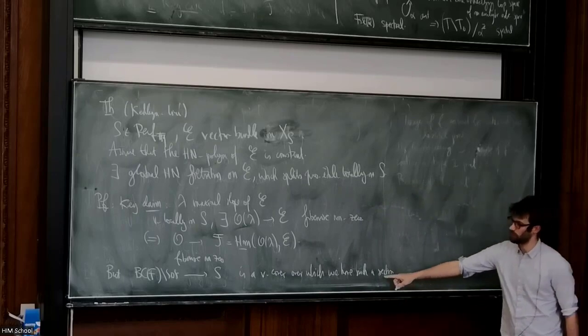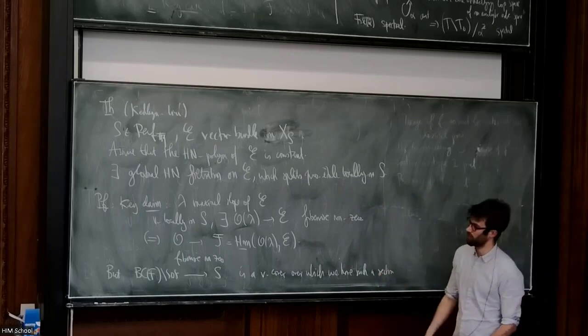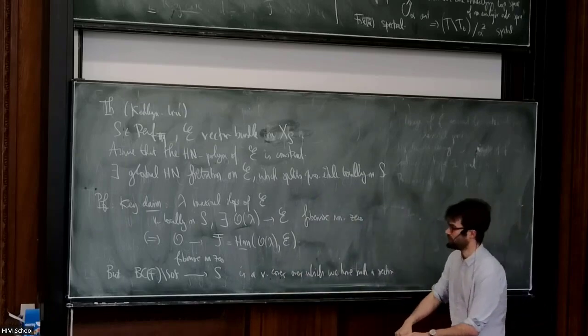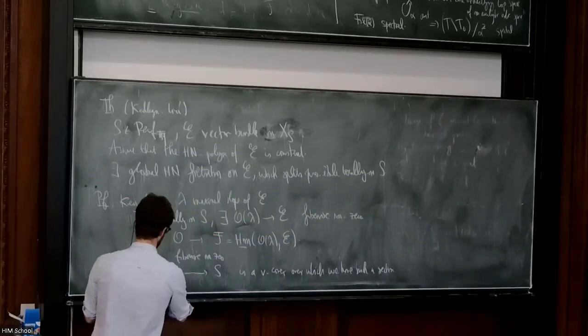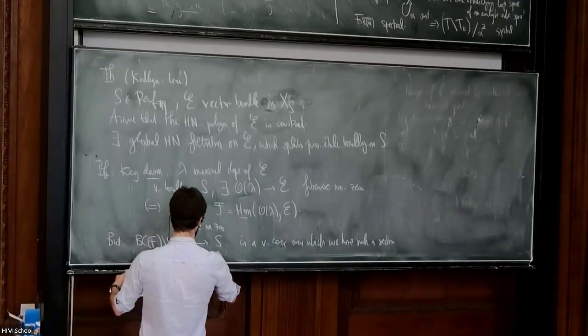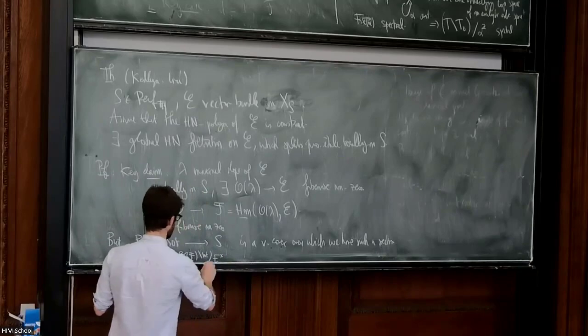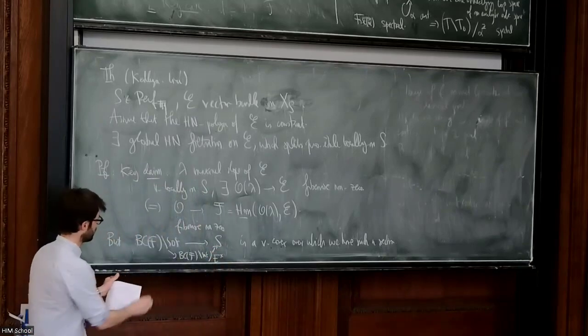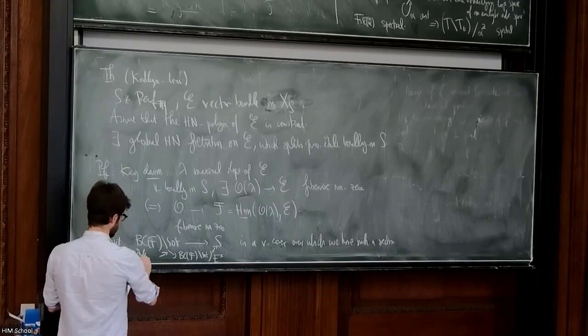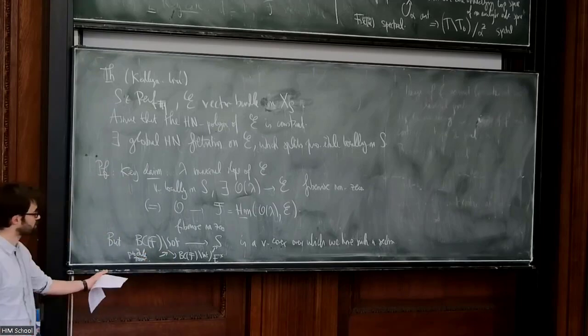I mean, this last part is more or less by definition of this BC space. What is not so clear a priori is that this is a v-cover. But the reason it's a v-cover is that I can factor it as BC(F) minus 0 modulo E cross mapping to S. And this we know to be a pro-étale E cross torsor by definition.